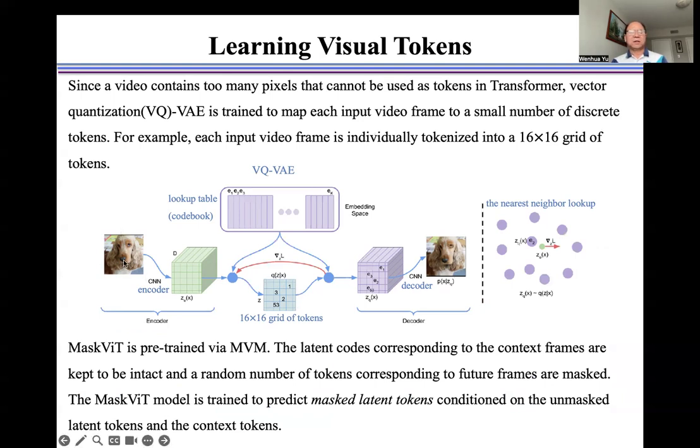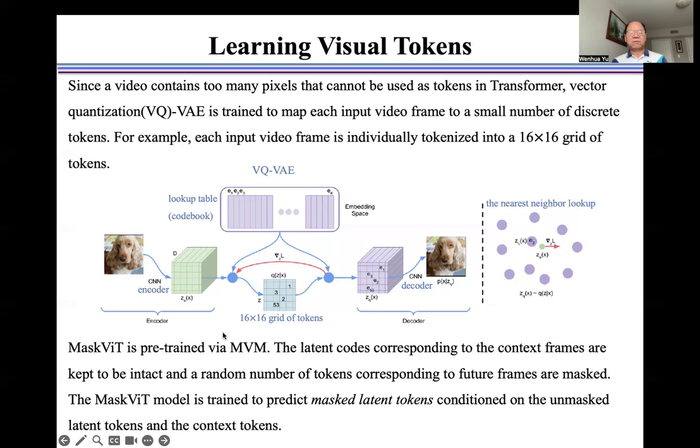As shown here, this input frame, this encoder, this lookup table, and this decoder that reconstruct the image from the latent tokens. For example, each input video frame is individually tokenized into a 16 by 16 grid of tokens as shown here.